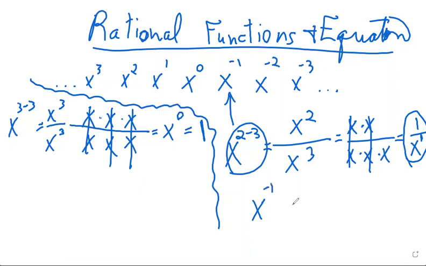Like, what does that even mean? Well, what it means is that we are dividing by x once. Just in the same way as powers of x's and powers of numbers normally represent how many of these do I have and that they're timesing, if I have x to the 3, it has a meaning to us. It means that I have 3 of them, and what they're doing is timesing.